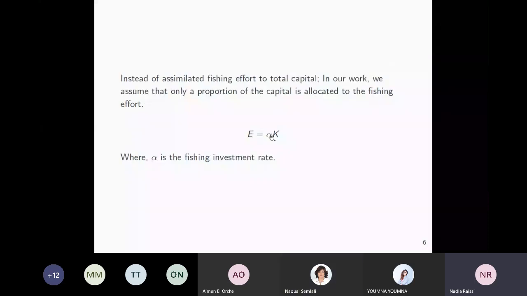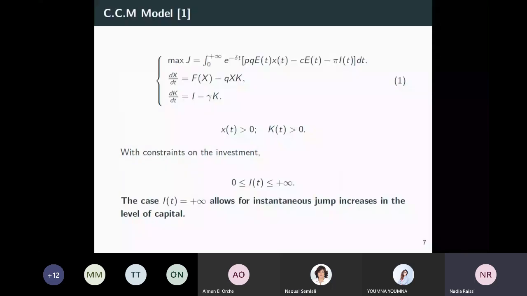So what happened in the literature? In 1979, Professor Colin Clark, which is the first C, Gordon Munro, which is the M, and Francis Clark, which is the second C, gave us this work of art in 1979 that saved many fishing stocks in Canada. Its main objective was to maximize the profit of the fishing activity, maximizing G, the net profit, while having a closed-loop modeling of the variation of the stock and the variation of capital.